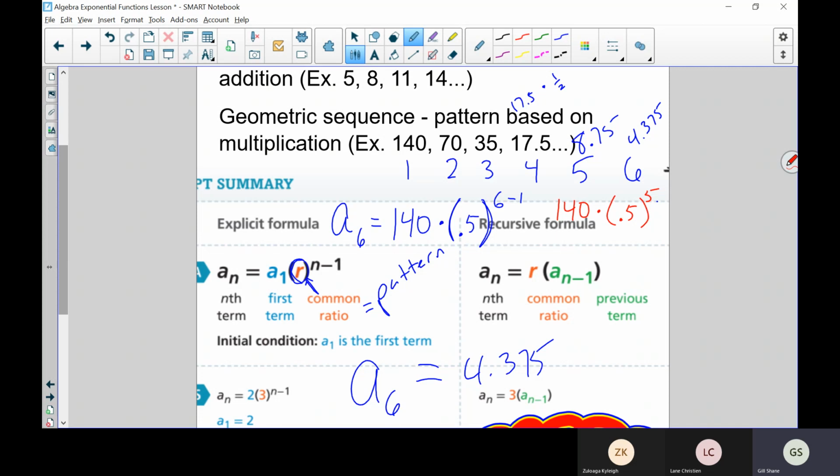All right, what do I need to do? What's my first step to solving that? This probably will be a question. The exponent. You have to do exponents first. Do not say 140 times 0.5 and then raise all of that to the 5th.